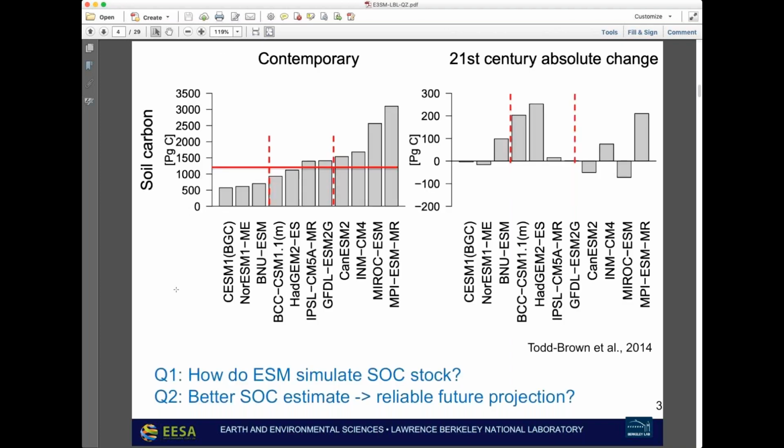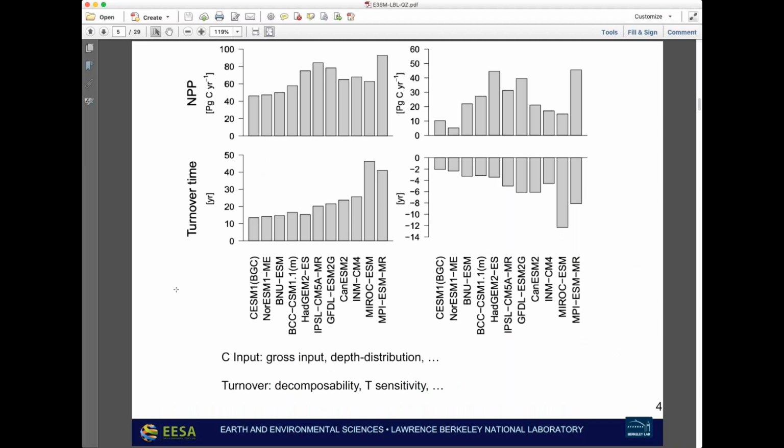And so we wonder why it happens. That's mainly because soil carbon stock is an emergent property. It emerges from the net input and also the turnover time of the soil. So if we just focus on the soil carbon stock benchmark or comparison, we won't get much information in terms of how the carbon really cycles through the system. We just have an emergent number there.